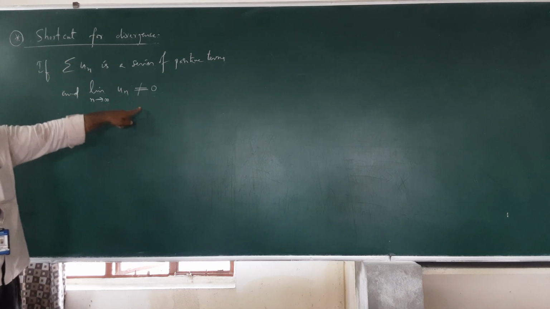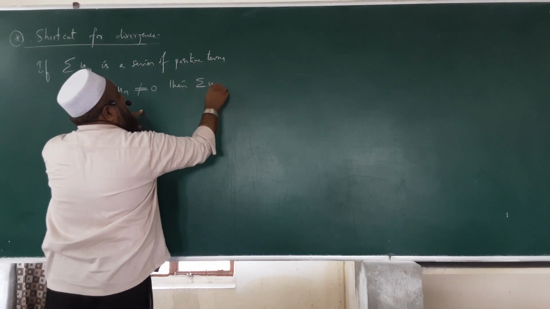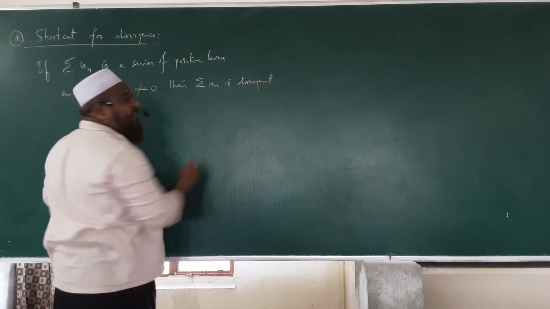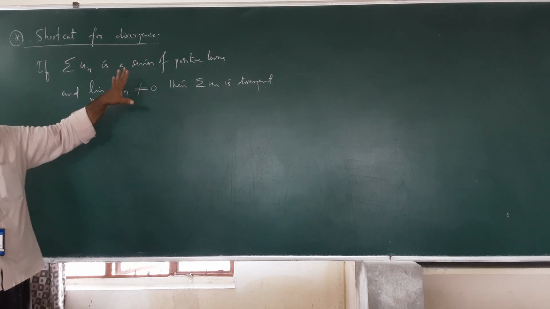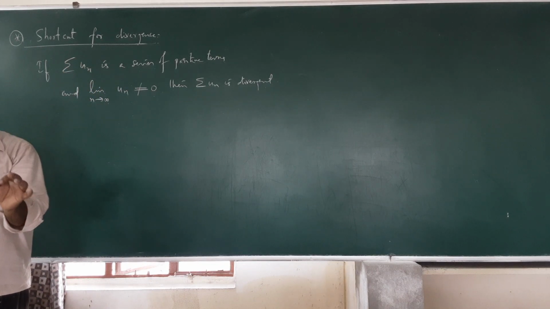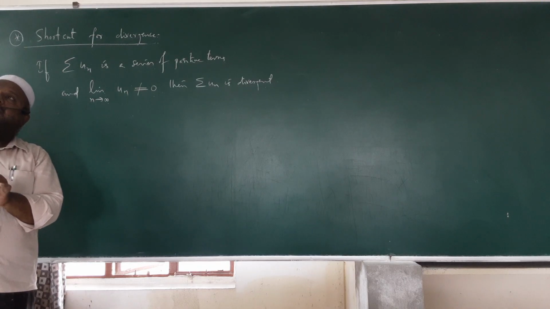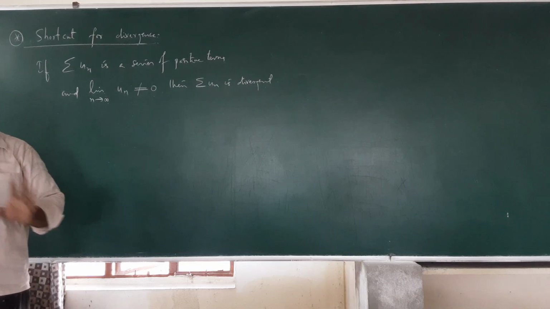But if this limit is not equal to 0, then sigma un is divergent. This is a very special shortcut. This is 100% applicable in the case when un is polynomial by polynomial, both of the same degree.